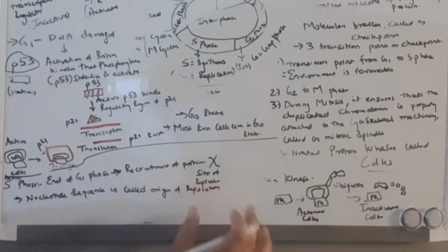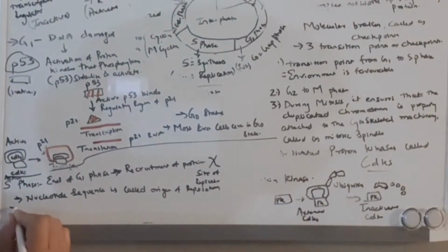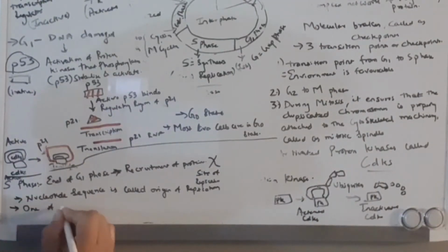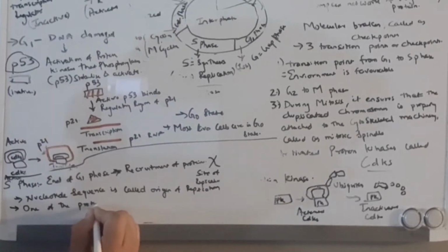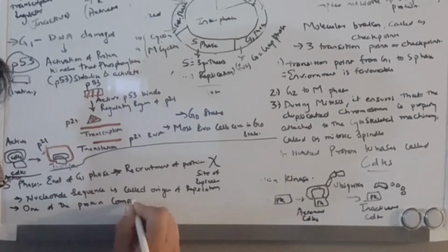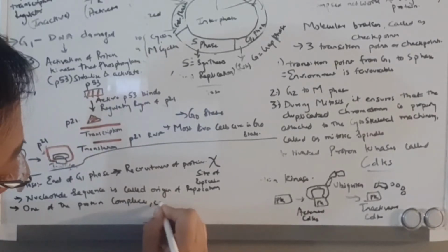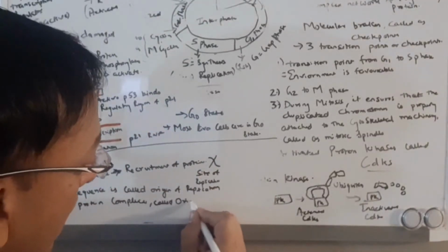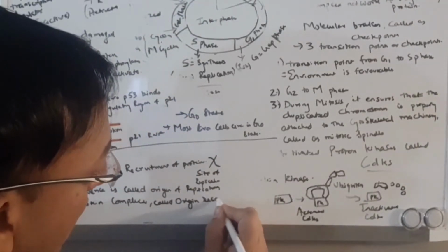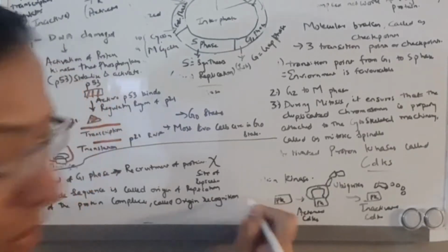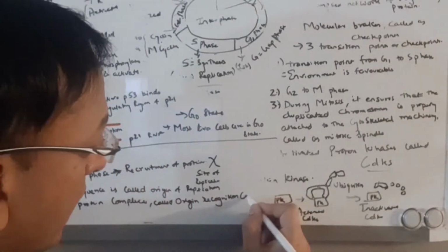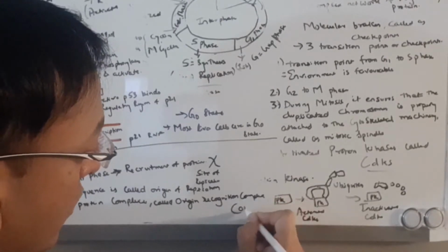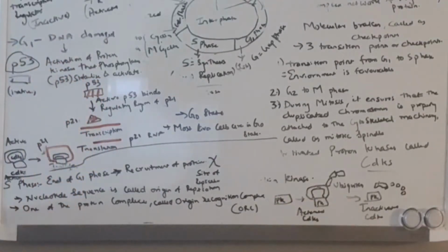All right. One of these protein complexes is called the origin recognition complex, right? So one of the protein complexes is called the origin recognition complex, in short known as ORC.